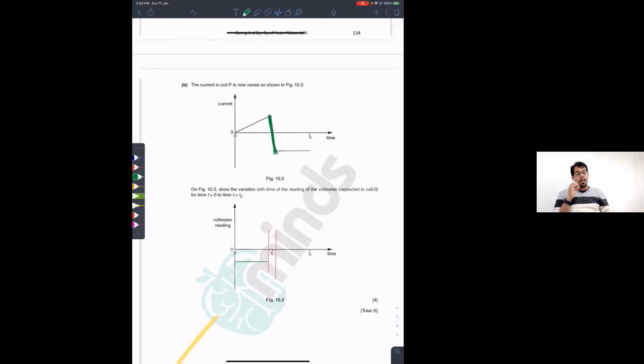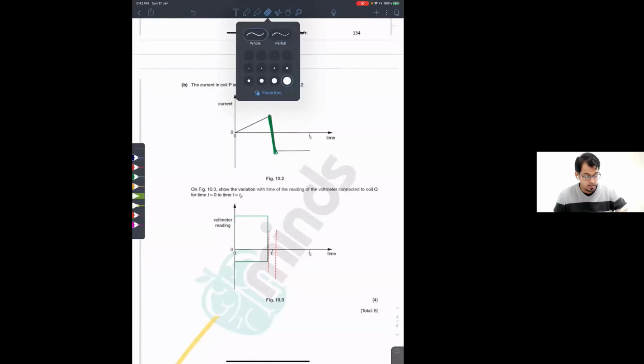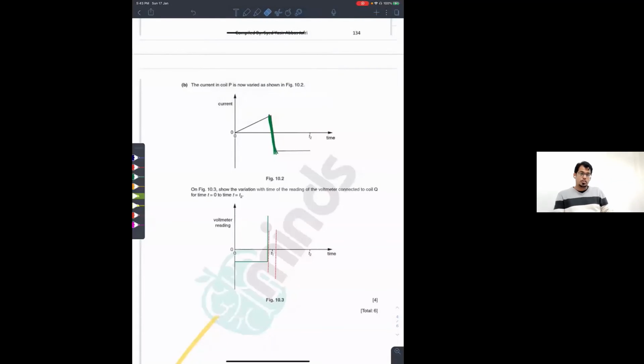In the green highlighted portion, rate of change of current is large, because the time span is very small and change of current is large. So induced EMF should be large. So induced EMF will be something like this. This graph will go like this in the upward direction. During the time where current is changing, we will have voltage. It will go like this.